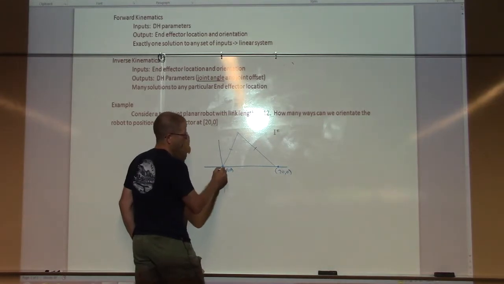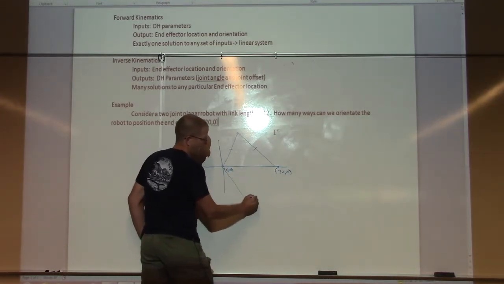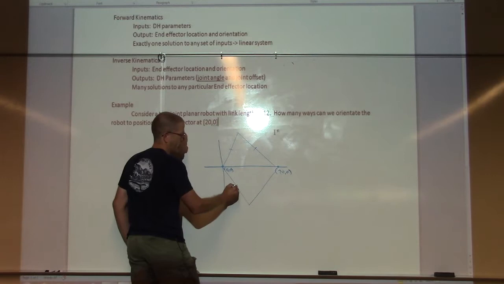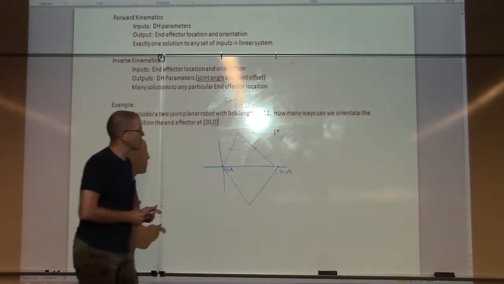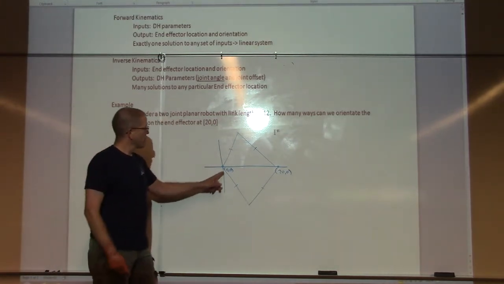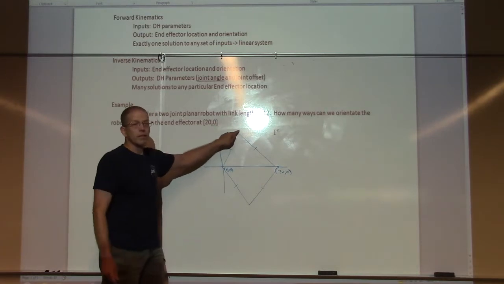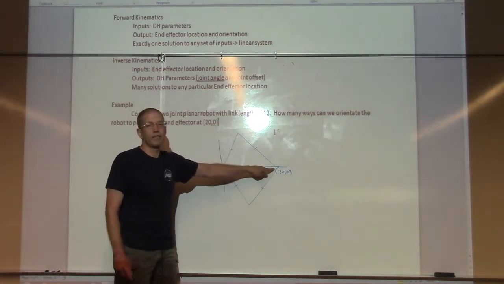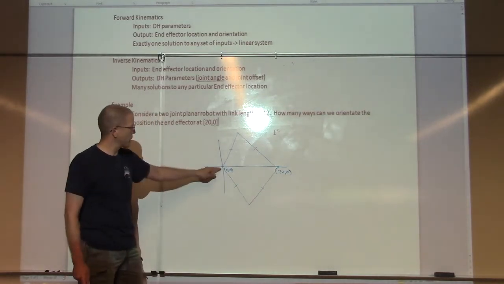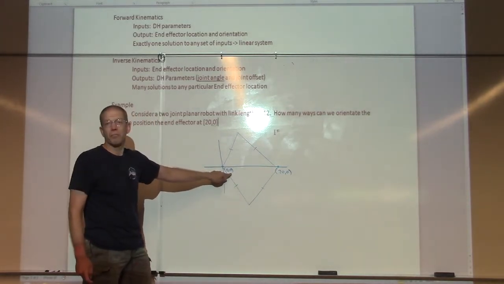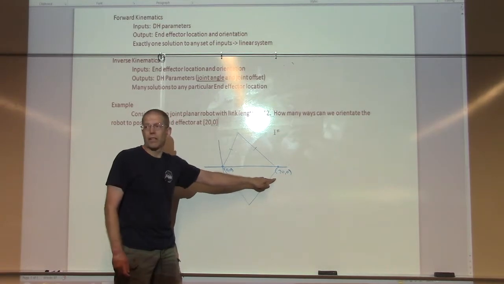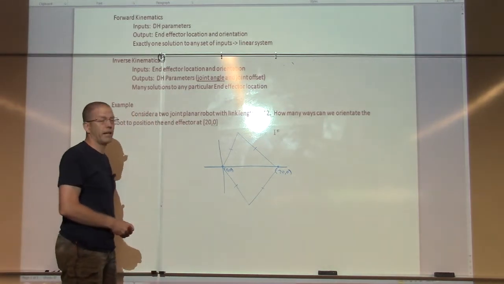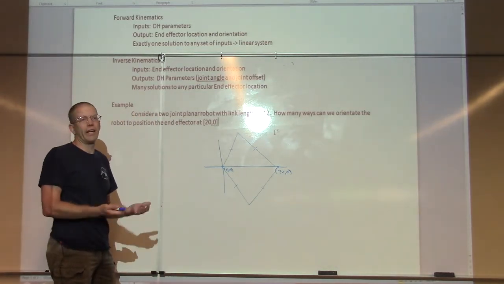So I'll do that just to let everyone know that they are in fact the same length. So we have two possible solutions in this case. The one solution, we can have a positive base angle and then turn south to reach that destination. The other possibility is we can have a negative base angle and turn north to reach that destination. That makes sense? So how can we figure out what the joint angles have to be?